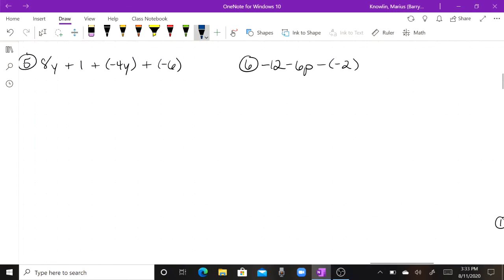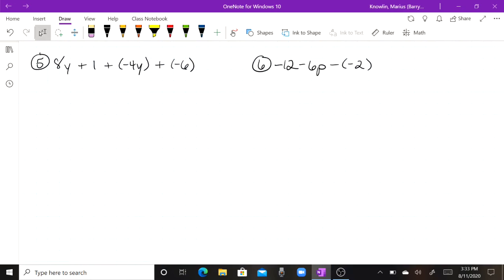All right, let's take a look at these last 2. So once again, we have 8y plus 1 plus negative 4y plus negative 6. All right, well, let's look at our like terms. Our like terms are positive 8y, negative 4y.